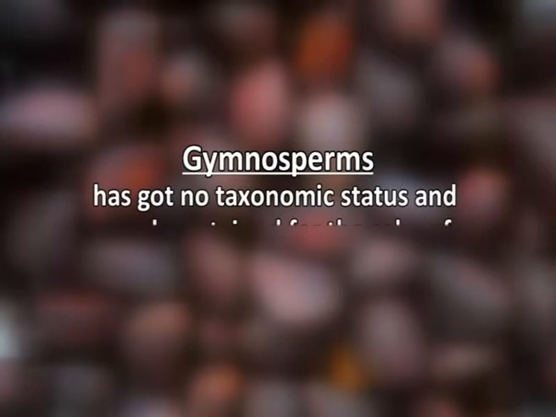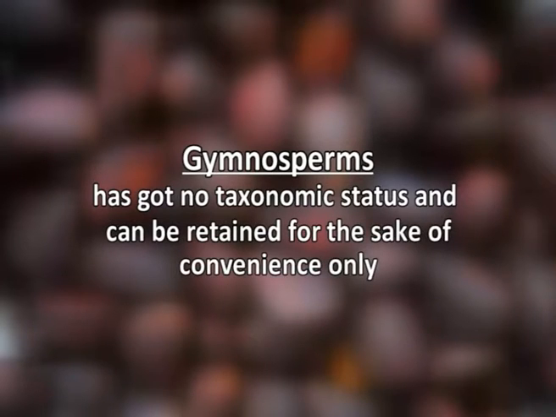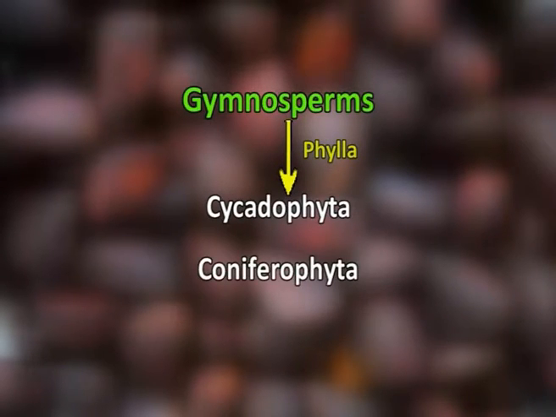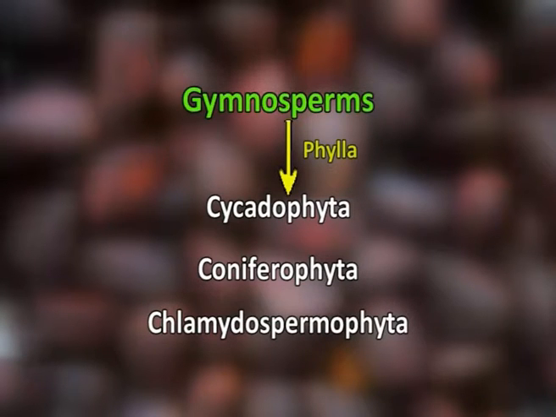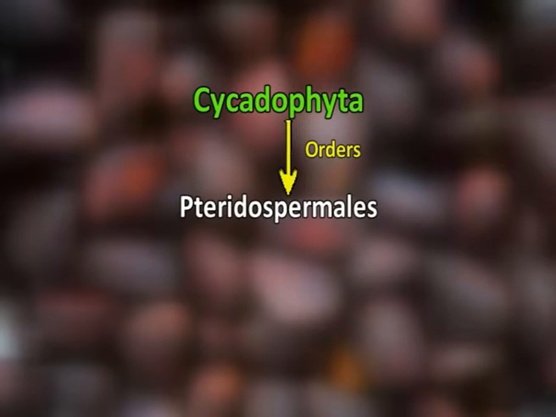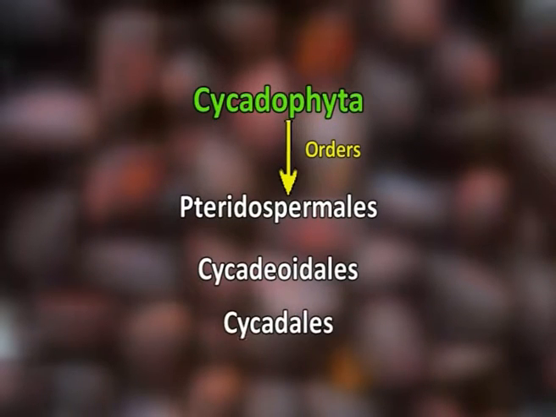Arnold in 1948 pointed out that the name gymnosperms has no taxonomic status and can be retained for the sake of convenience only. He gave a new shape to the classification of vascular plants. He divided gymnosperms into 3 phyla: 1. Cycadophyta, 2. Coniferophyta, and 3. Chlamydospermophyta. Cycadophyta was further divided into 3 orders: 1. Pteridospermales, 2. Cycadeoidales, and 3. Cycadales.